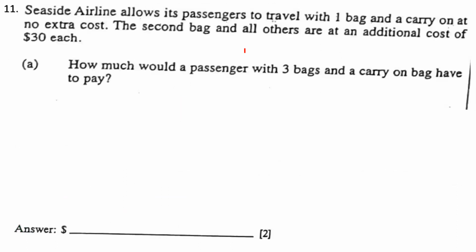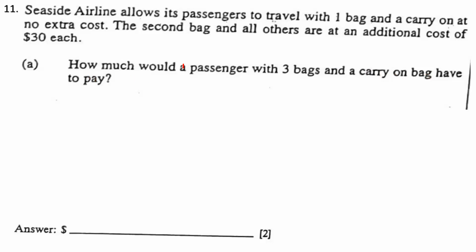Question number 11, it says, Seaside Airline allows its passengers to travel with one bag and a carry-on at no extra cost. The second bag and all others are at an additional cost of $30 each. How much would a passenger with 3 bags and a carry-on bag have to pay? So let me read that again.